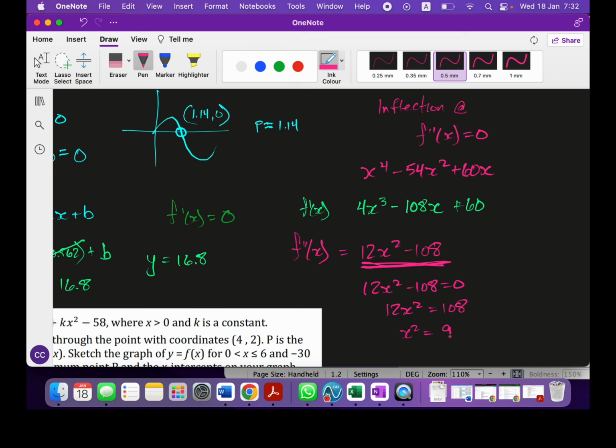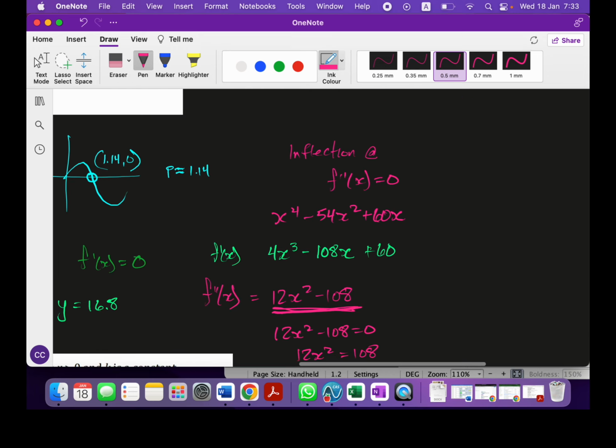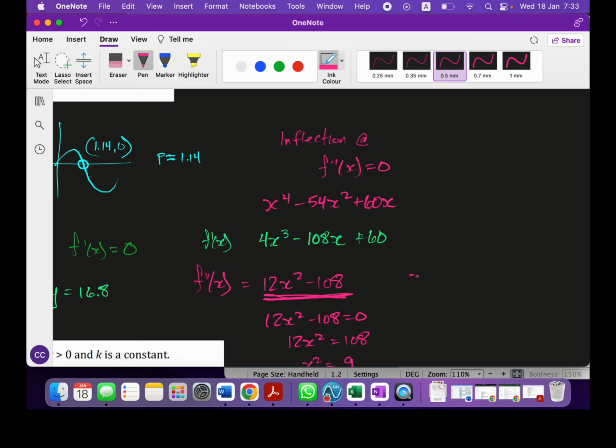I think that's 9, because 9 times 10 is 90, and yeah, that's 9. So x is plus or minus 3. Looking at the graph, it's got to be positive 3. So the point of inflection is at x equals 3.